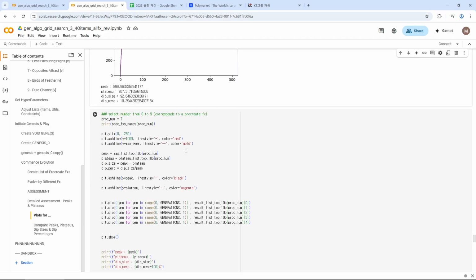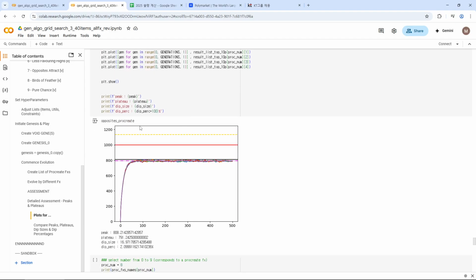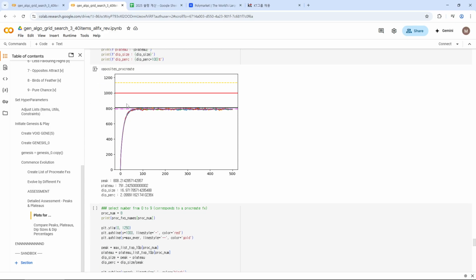The eighth one is opposites procreate, where parent 1 and parent 2 are supposed to be very different from one another, and the result of that is the peak is at 808, plateau is at 791, dip size is 16, and dip percentage is 2.09%.